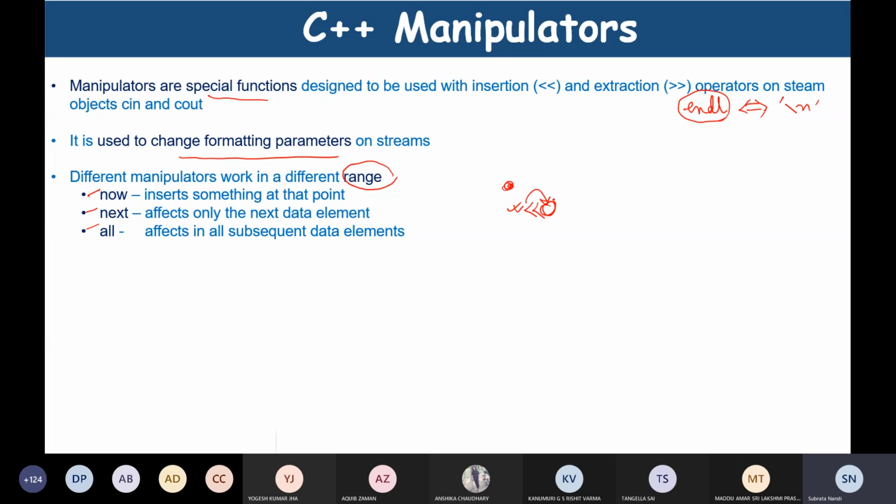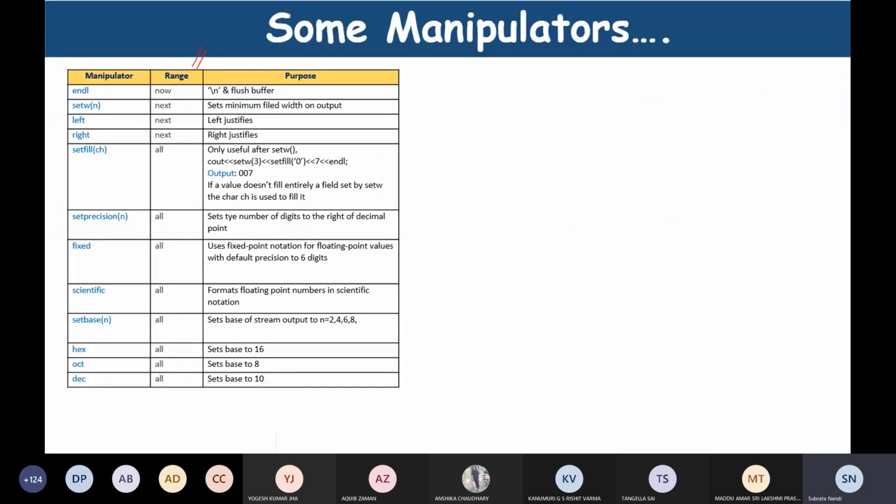And all means if you call the manipulator at this point, then from this point onwards whenever you display something that it impacts, it will have the impact till you discontinue it or till you override it. Okay, so we'll see how it exactly works.